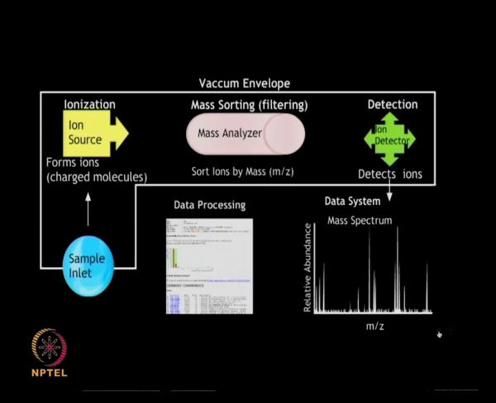Ionization source. The ionization source is responsible for converting the analyte molecules into gas phase ions in vacuum, which can be further integrated with the mass analyzers.